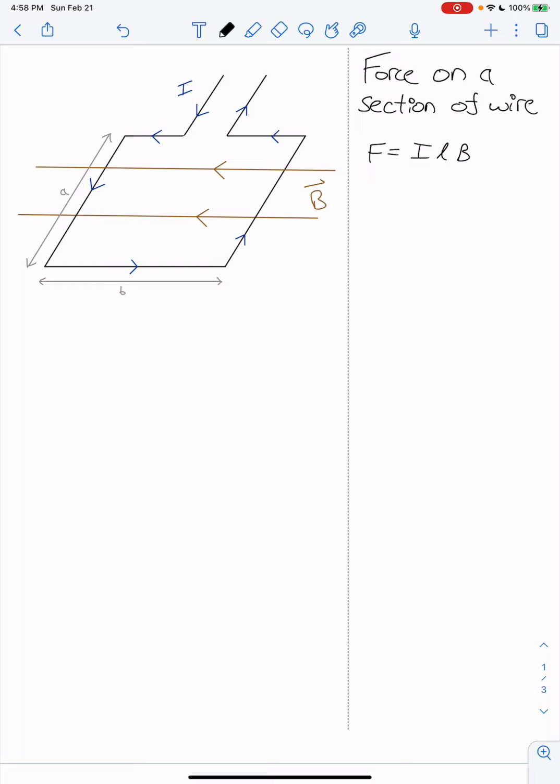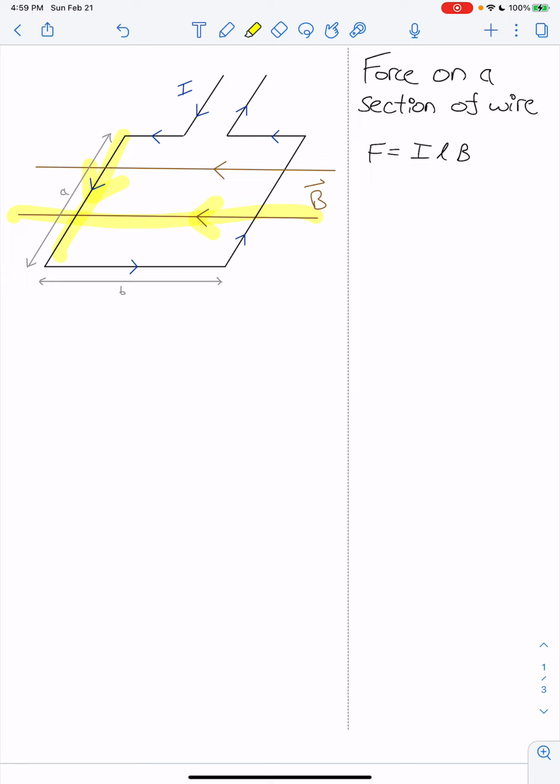So let's start with this section of wire with length A. In this case, we have a current flowing basically downwards, and a magnetic field that's perpendicular to it, flowing from right to left. So we can look at the cross product to give us this force.